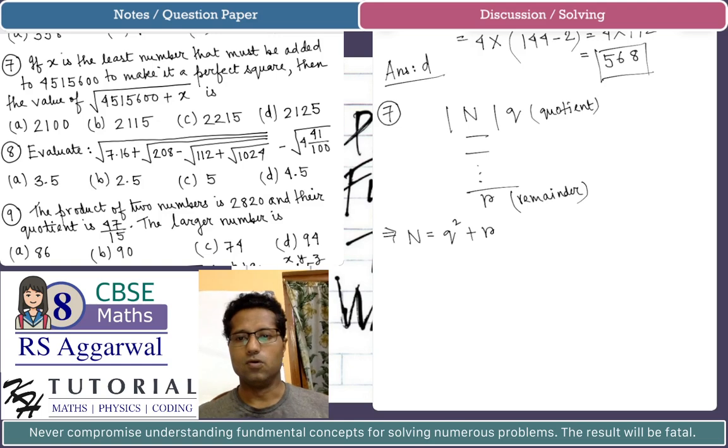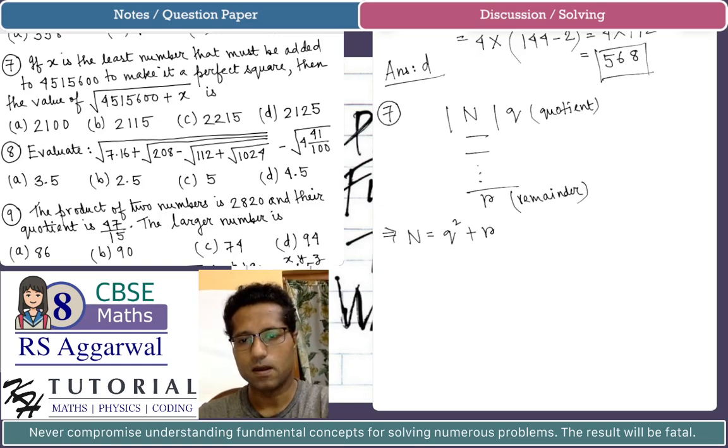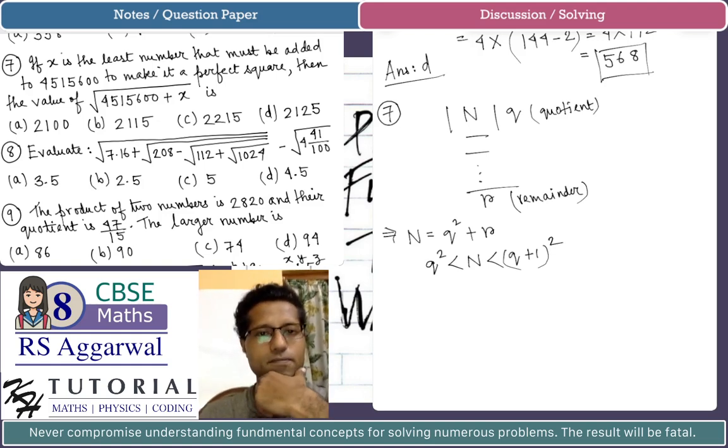We also know that the number n is definitely greater than q square, and it will be less than q plus 1 whole square. So the least number that must be added to n to make it a perfect square is q plus 1 whole square minus n. That number is given to be x.